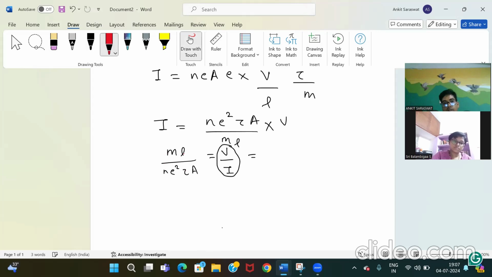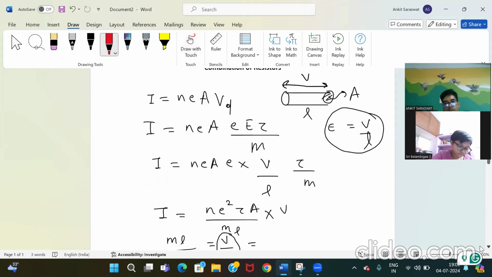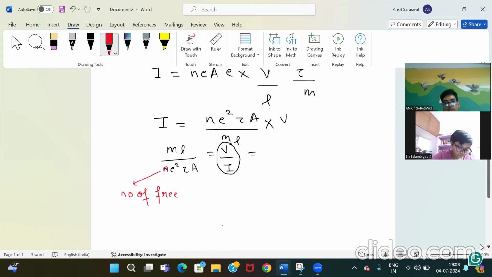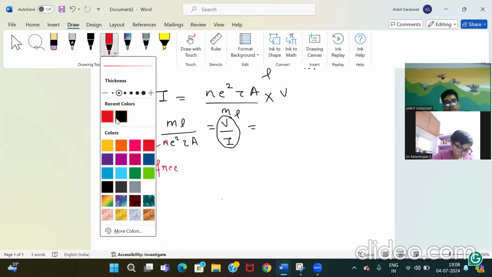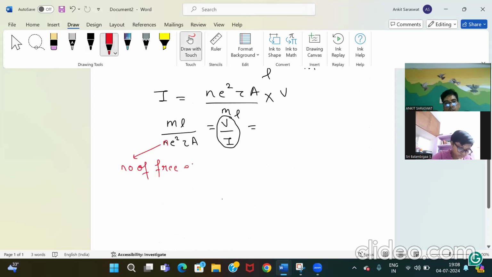M is constant, L is constant, length of conductor, M is the mass. What is n? This is small n. Small n means number of free electrons per unit volume.